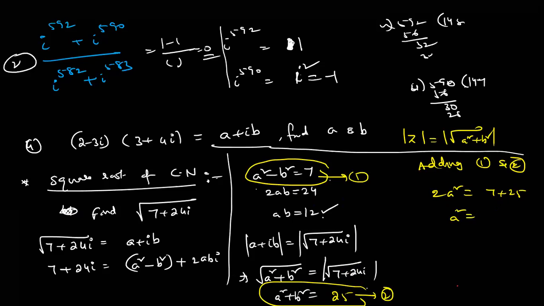Then a square is how much? 16. So a is equal to plus or minus 4. Similarly, b is how much? 16 minus 7 means 9 is coming. b is equal to plus or minus 3. Therefore, a plus ib is equal to plus or minus (4 plus 3i). That is the answer.